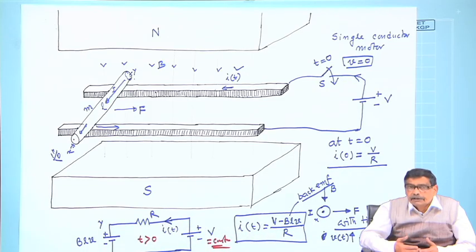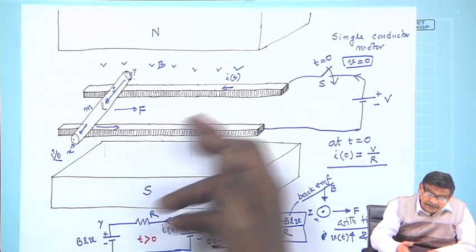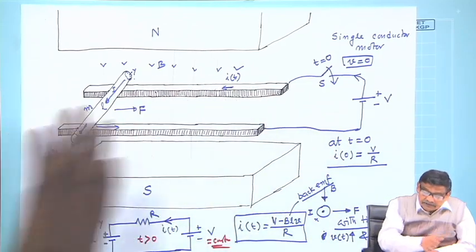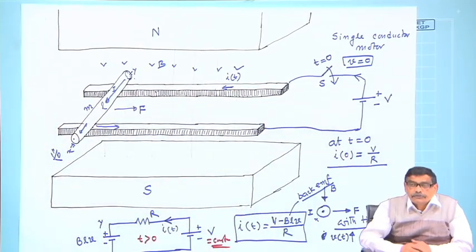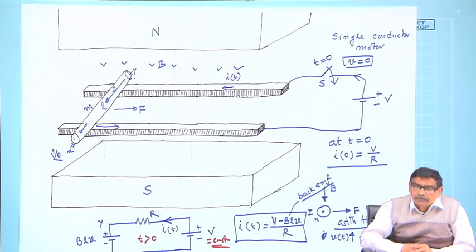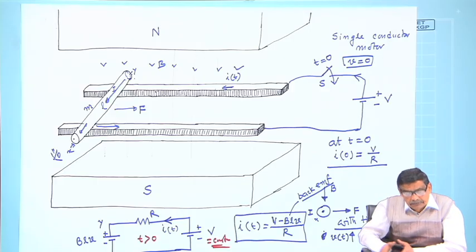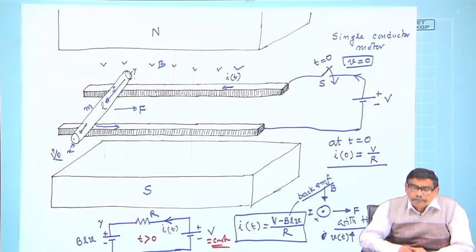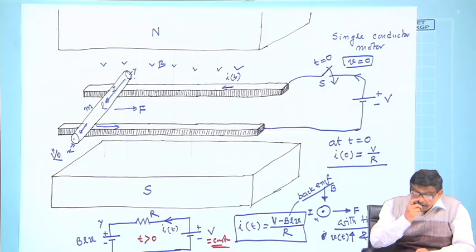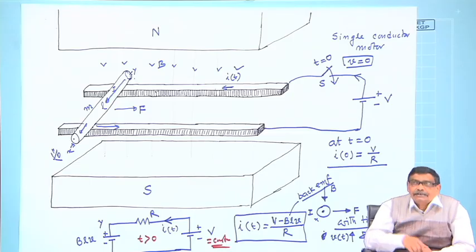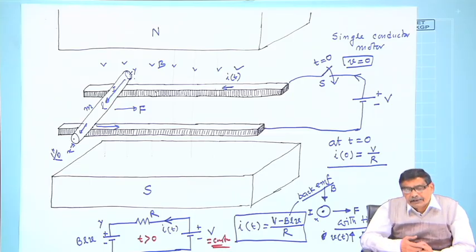So, as time passes, velocity increases. Why should velocity increase? So long as this current is there, it is positive, it is having an accelerating force. The accelerating force value will diminish with progress in time, no doubt. But so long as i(t) is there, there will be an accelerating force and speed will go up and up.